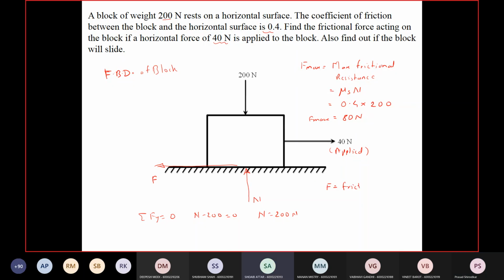It will be 40 Newton. The frictional force will be just summation Fx equal to 0. So F minus 40 is equal to 0. So F is equal to 40. Okay. Any questions?